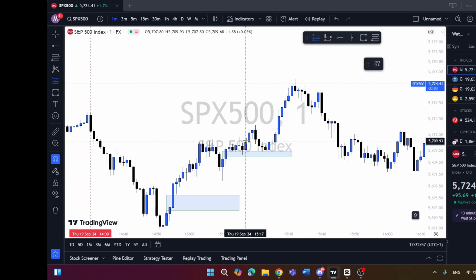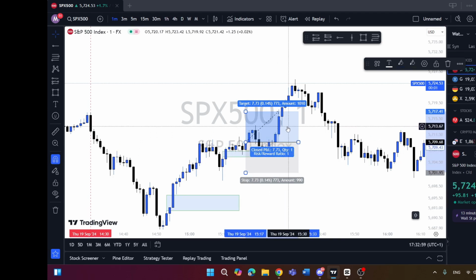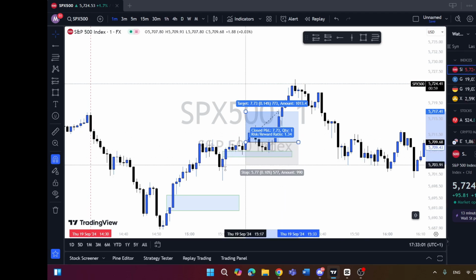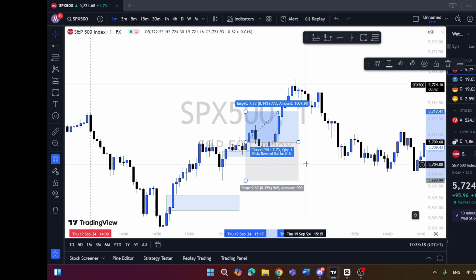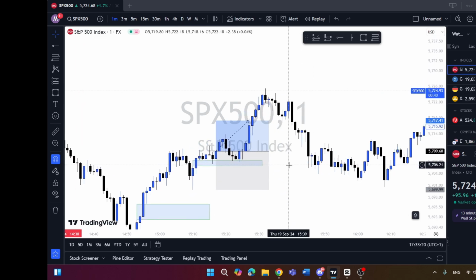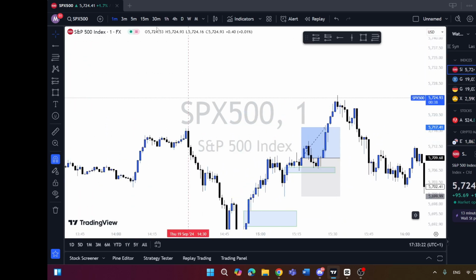So I marked out my targets. I used this low as a stop loss, and I had a few pips. I also used my TP.